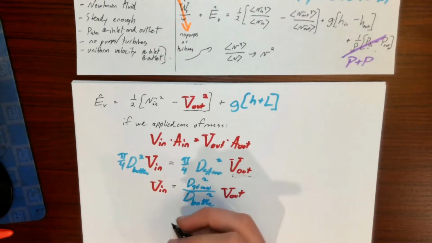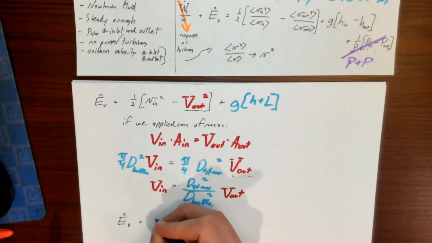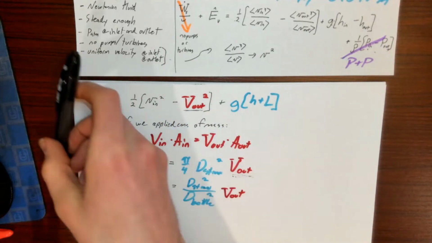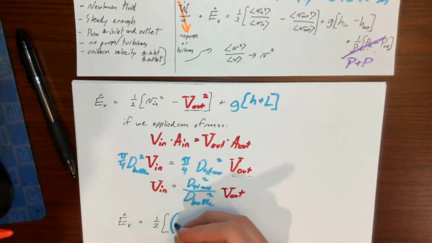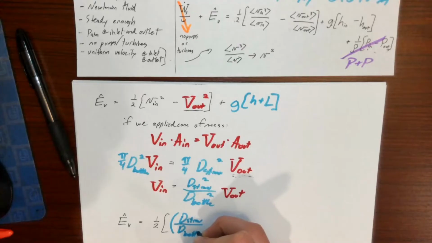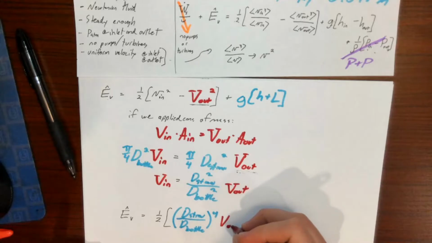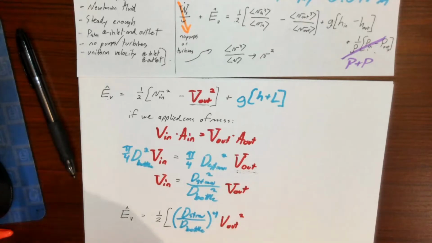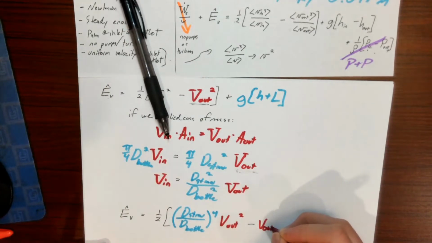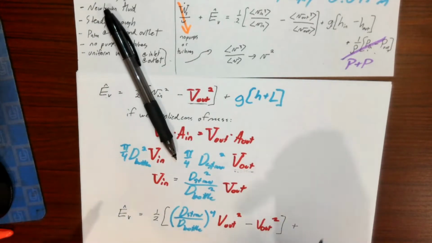So what does it look like when you plug it all the way in? Your viscous loss term is equal to 1/2 times, V in squared, when I square this, I get d straw over d bottle to the 4th times V out squared, minus V out squared, plus g times (h plus L).